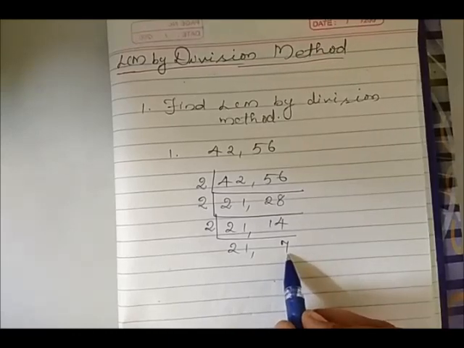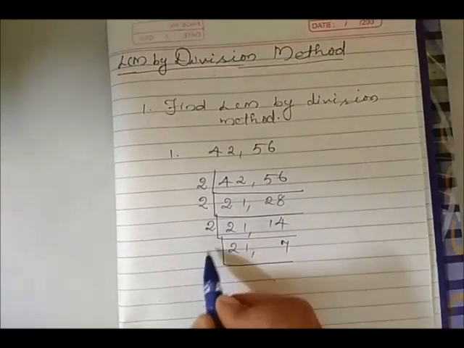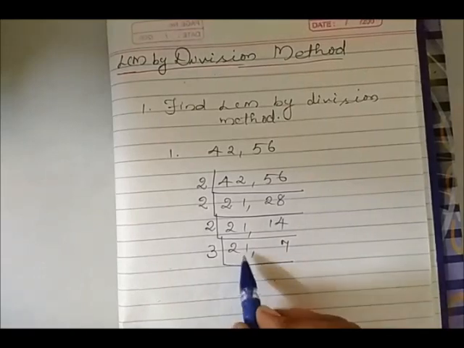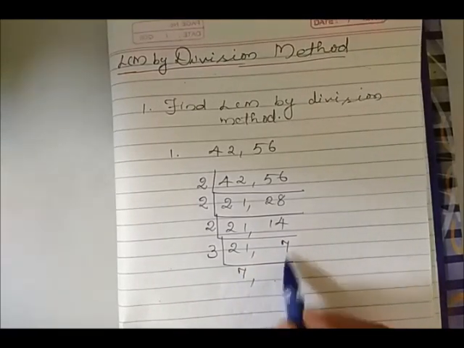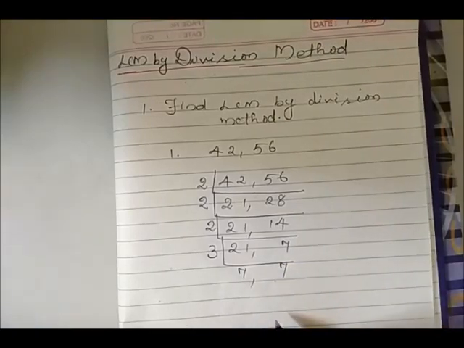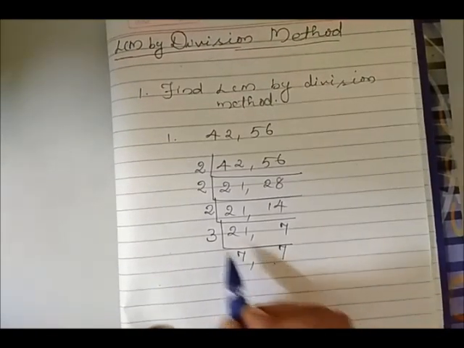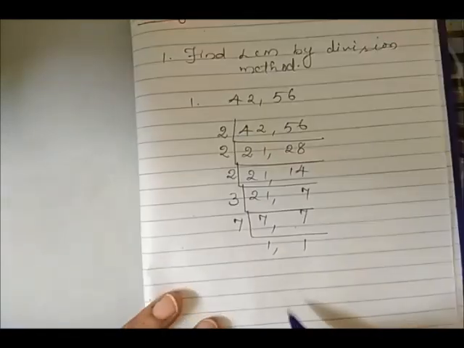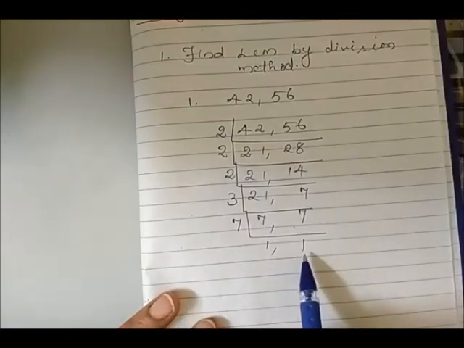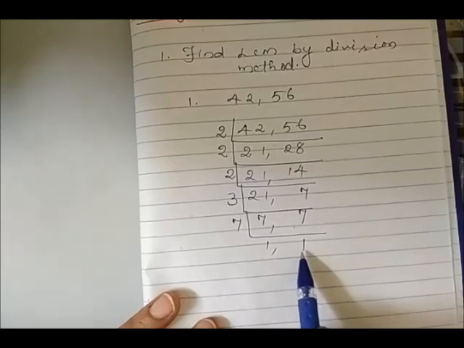So we will take our next prime number, that is 3. With 3, 21 is divisible, that is 7 3s are 21. 7 is not divisible, so you write it as it is. Now here both are 7, this is divisible by 7. Until you reach the last row 1, you have to do this division.